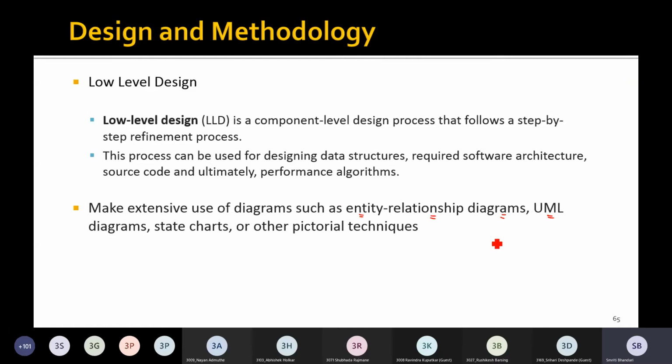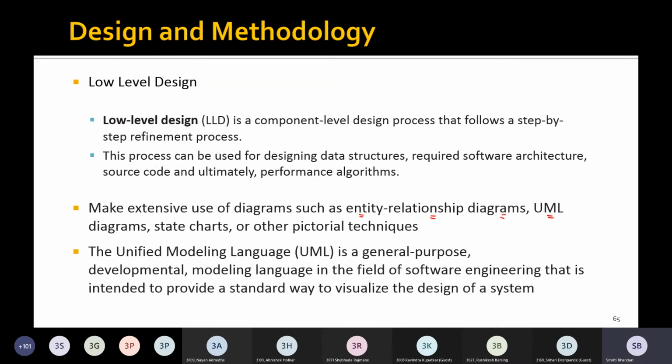So use all such kinds of modalities, all such kinds of diagrams, the charts, right? So that your document would be clearer and more explanatory, right? So use appropriately all kinds of diagrams.